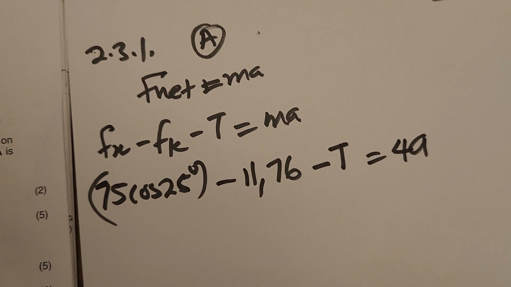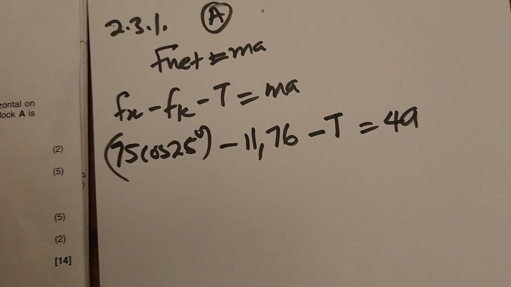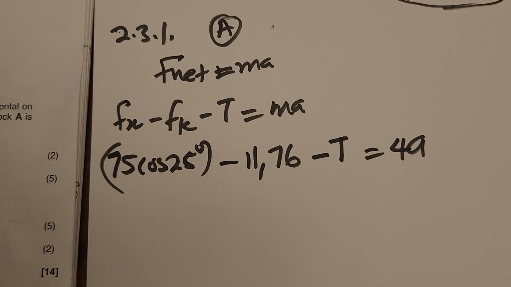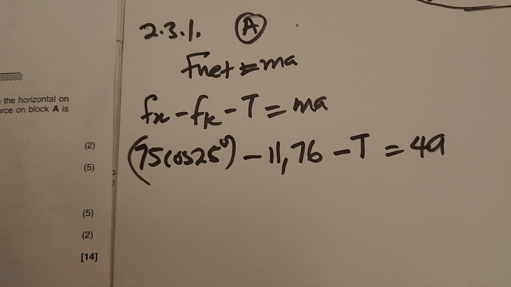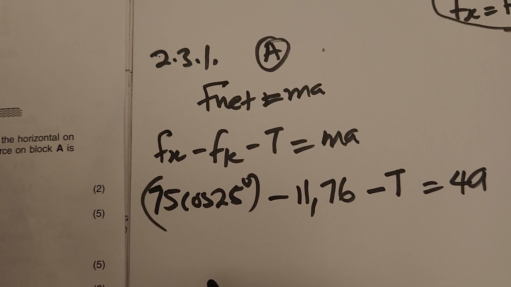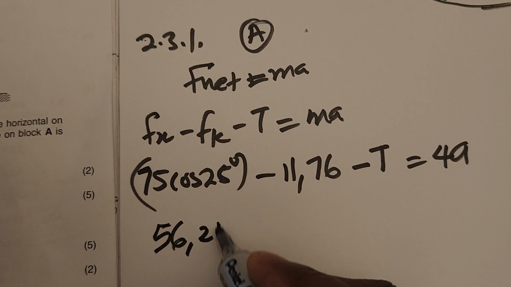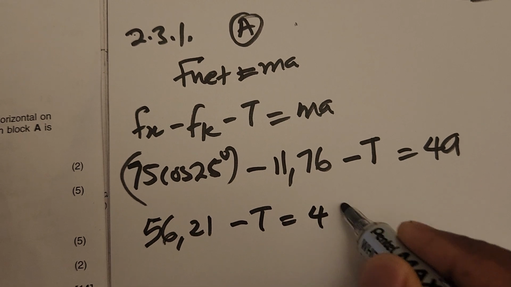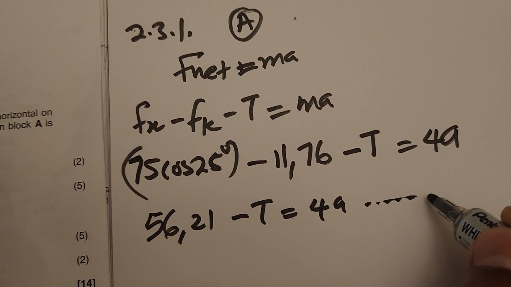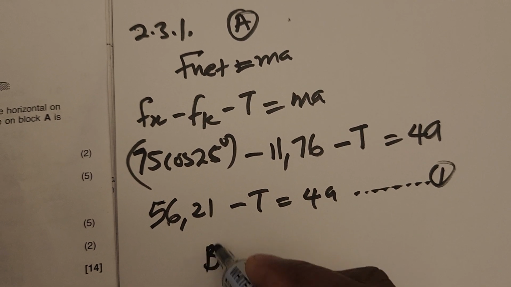Then we can simplify this using a calculator, and you'll find the expression 56.21 minus T equals 4a. We make this equation 1, and then we go to block B.